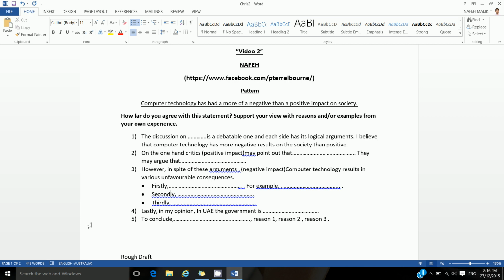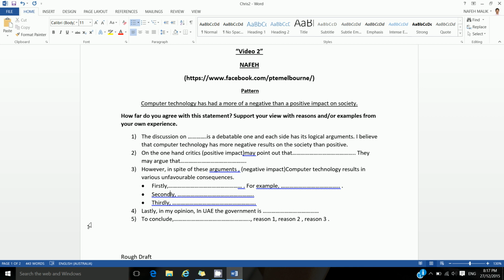So lastly, comma, in my opinion, comma, in UAE, the government dash dash dash dash, or in any other country you can write. And in the fifth paragraph, you say, to conclude, and then you paraphrase the introduction. No rocket science, don't be an Einstein and write something new.